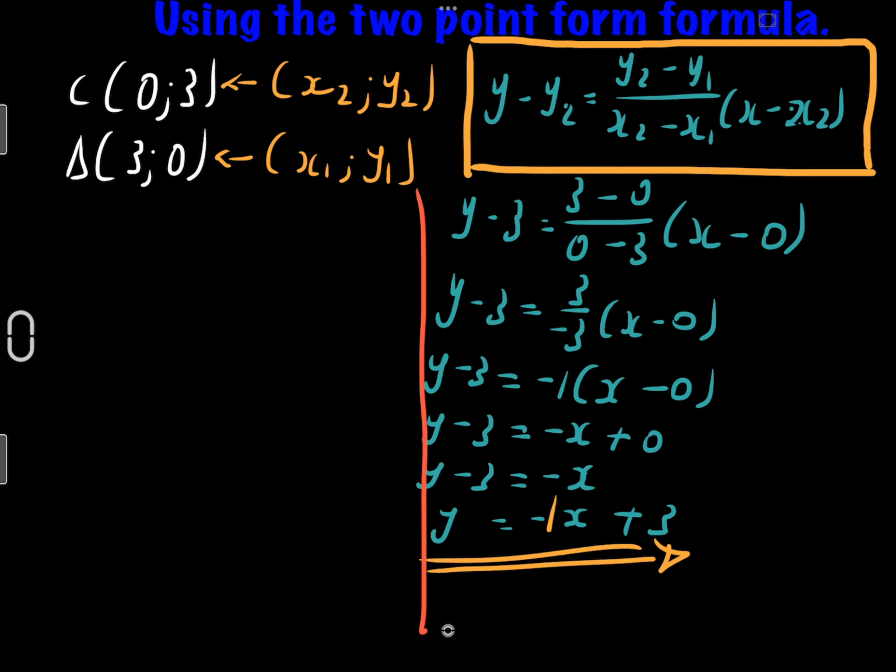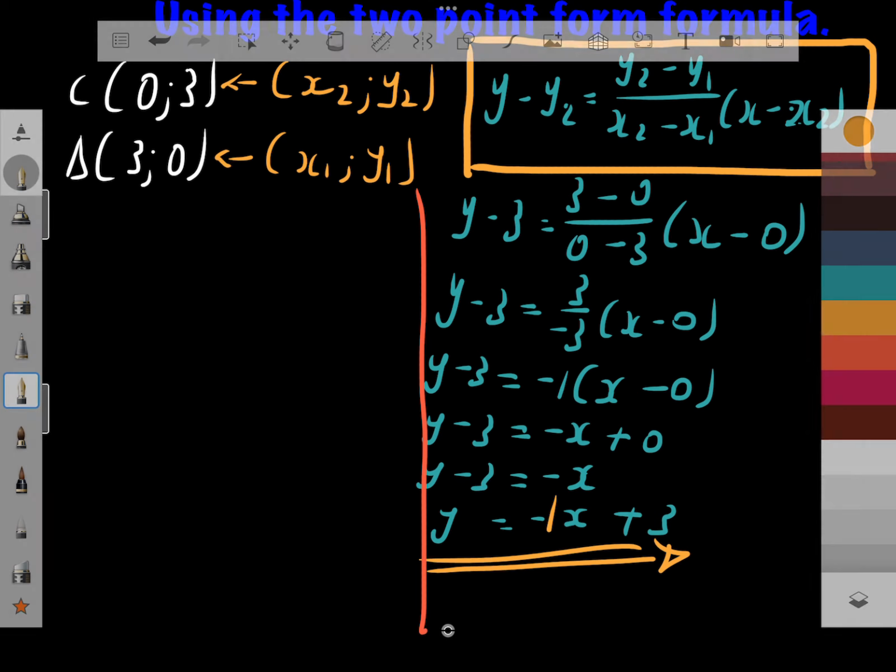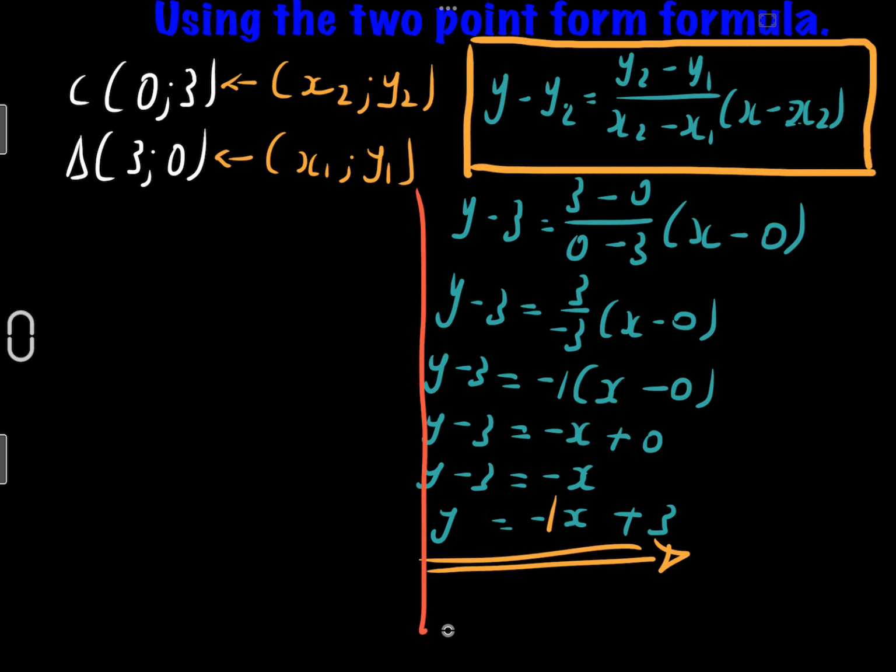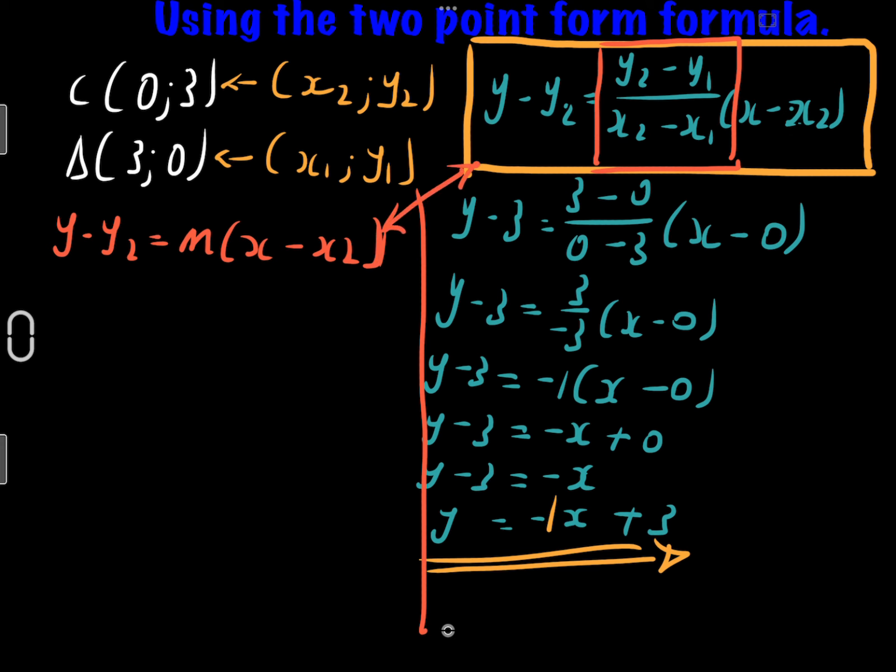For instance, let me emphasize or highlight this point here. Notice we have a gradient here. So what it means is y minus y2 is equal to m multiplied by (x minus x2). That's what it means essentially. This and that are the same thing.